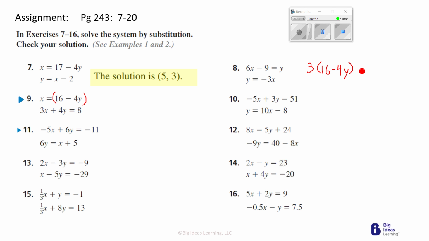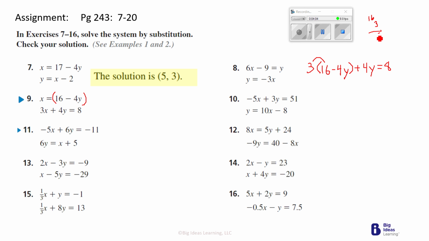And now we're going to add it to 4y equals 8. All right, so I'll distribute my properties. I'm going to have to take 3 times 16. Let's see, 16 times 3.